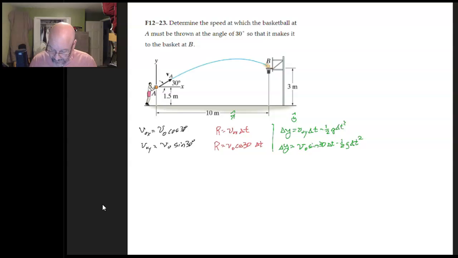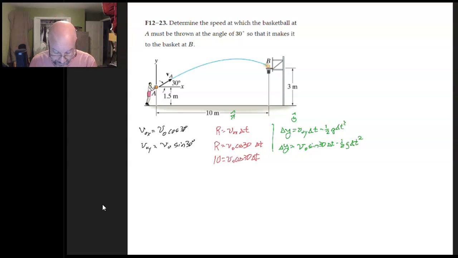To make that a little bit easier to see, let me take each of these equations one more step, because we know the range is 10. So in that one equation, I've got two unknowns, v naught and delta t. And let's do the same thing over here.